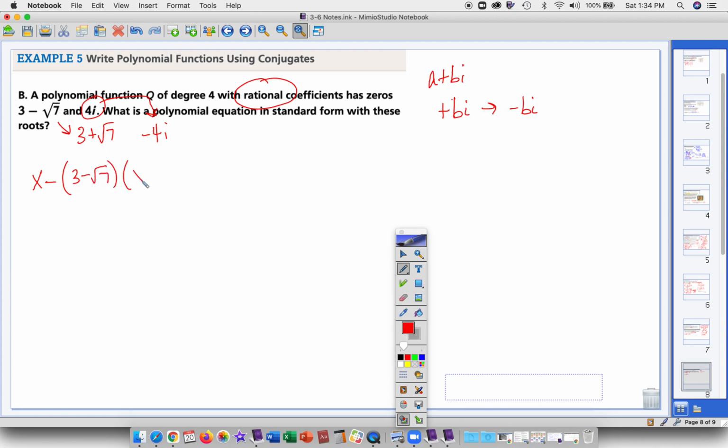And then from the conjugate, I would have x minus (3 plus root 7). From the imaginaries, I have x minus 4i and x minus negative 4i, which is plus 4i. Okay, let's take away the parentheses.